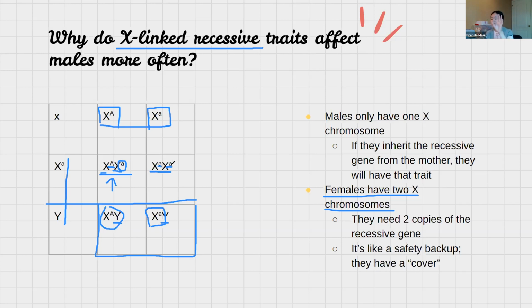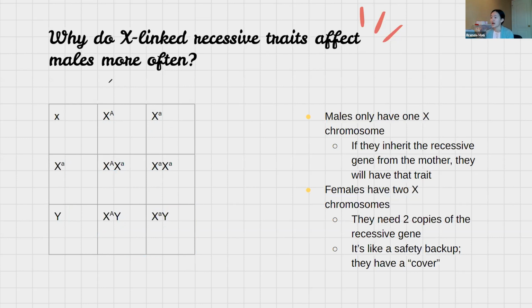So her backup didn't work, her safety plan didn't work. That's why X-linked recessive traits will affect males more often: they do not have a backup plan or a safety or a cover. They don't have a second chance. It's really interesting, and it comes up in quite a few tests. There are a lot of tests that ask why these traits affect males more often, and it's actually really interesting to look into.